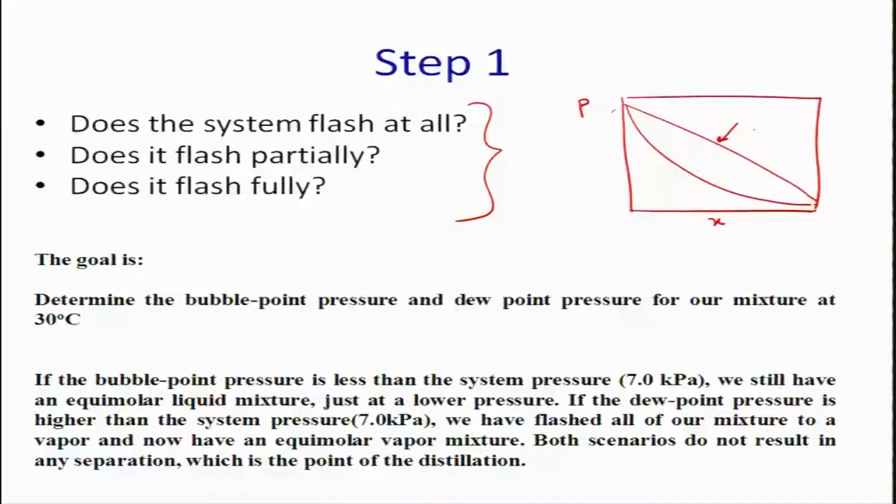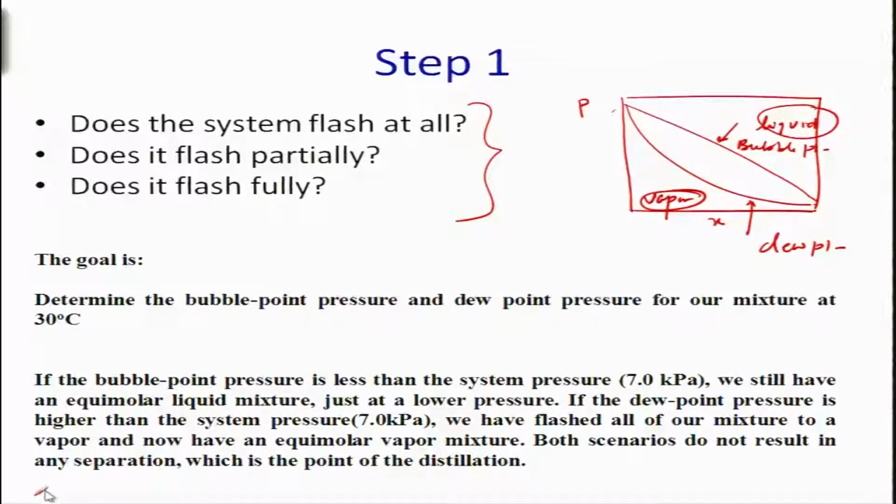This is sometimes also called the bubble line. This is the bubble point line. This is the liquid phase, and this is the vapor phase. This is the bubble point line, and this is the dew point line. So, bubble and dew: the first drop of dew is forming, the first bubble of vapor is forming.